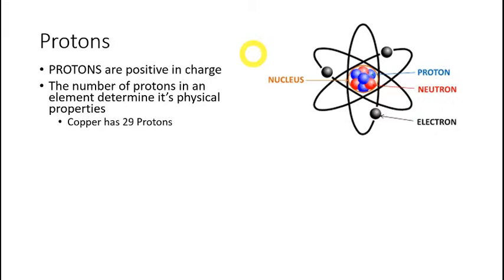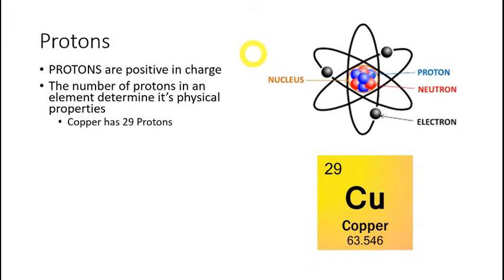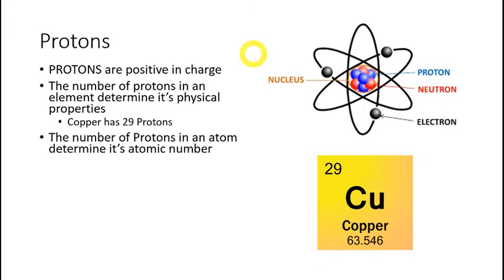Copper has 29 protons. So the number of protons in an atom determines its atomic number. Copper's atomic number is 29 because it has 29 protons. No other element on the periodic table of elements has 29 protons.